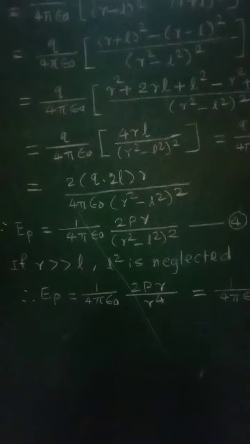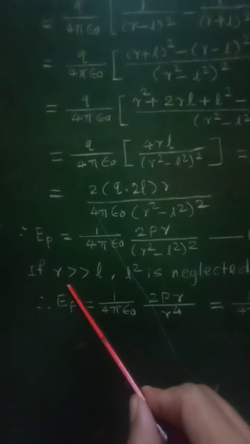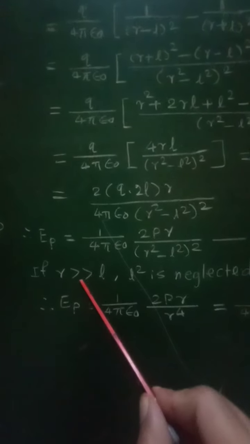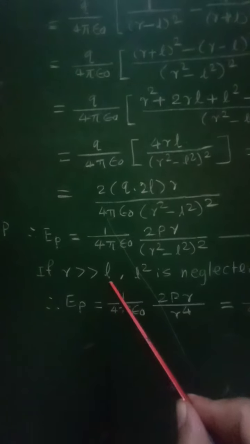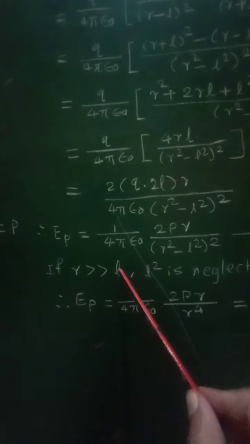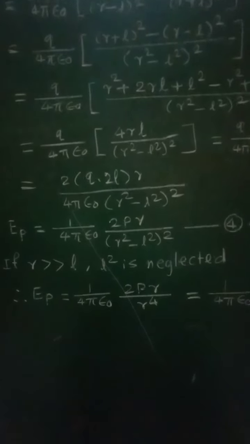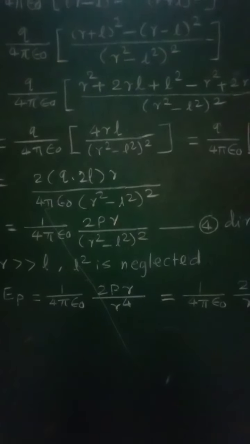And then let us consider that the distance of that point P, that is R, is very very large compared with half of the length of the electric dipole, that is L. If R is very large compared with L, that means L will be very small compared with R. As L is very small compared with R, L square will be neglected compared with R square.